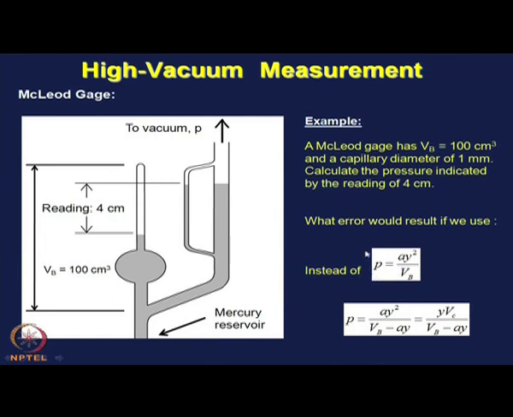We have seen in our last class that the pressure can be computed from this equation P equal to Ay square by Vv, or P equal to Ay square by Vv minus Ay, which is same as Y into Vc by Vb minus Ay.